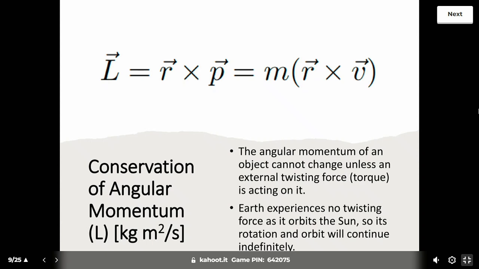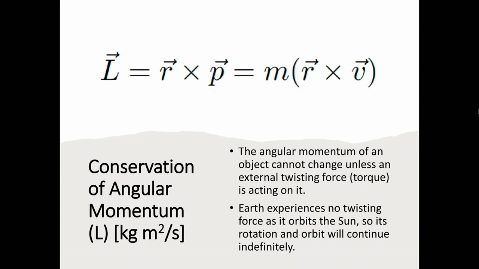The next conservation law that we're going to talk about is conservation of angular momentum. So in physics, almost everything that you learn for things that move in straight lines or linear motion will have an equivalent principle for things that are moving in circles or on curved paths. So conservation of angular momentum is one of those things.